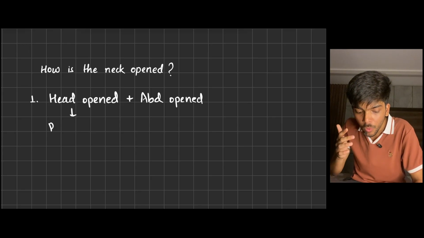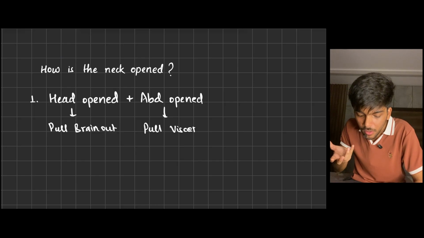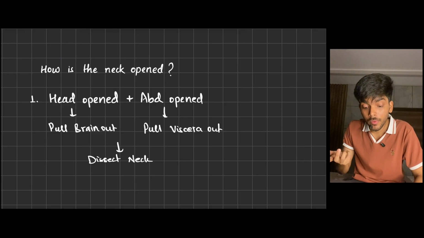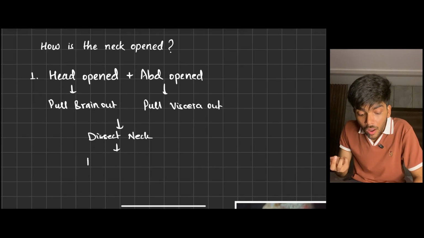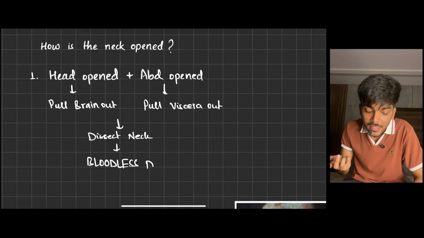You pull the brain out, then you pull the viscera out, and then only do you dissect the neck. The question is why? For a bloodless dissection.